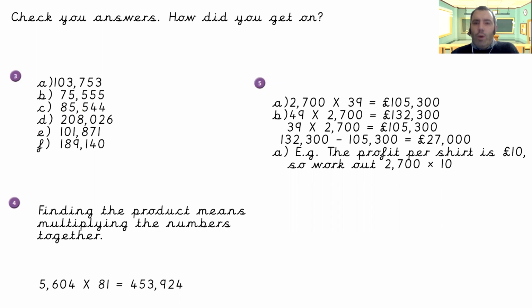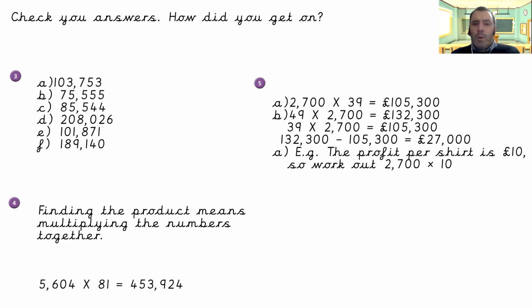We already knew that 39 times 2,700 was 105,300. So we need to subtract that from 132,300, which gives us a profit of £27,000.